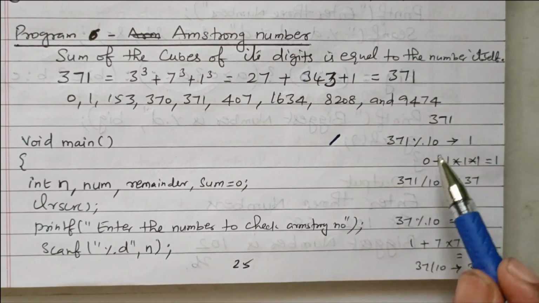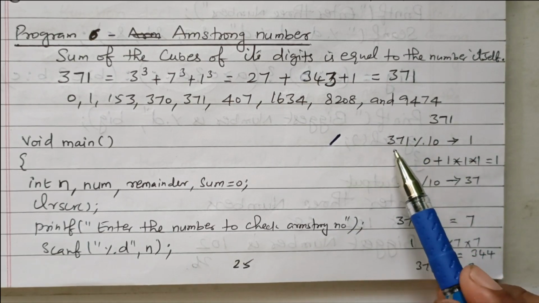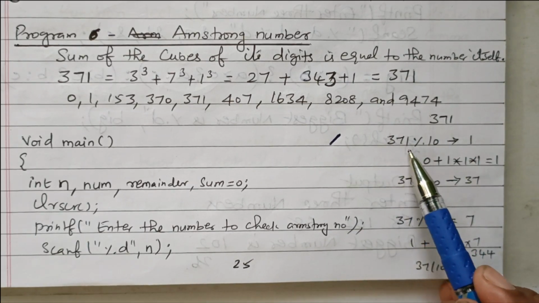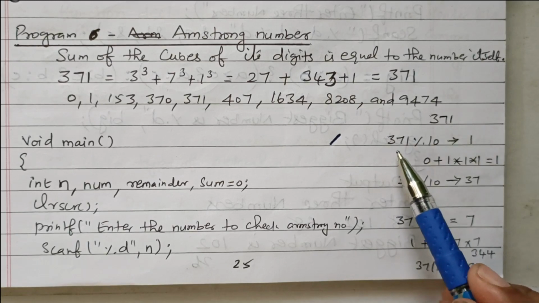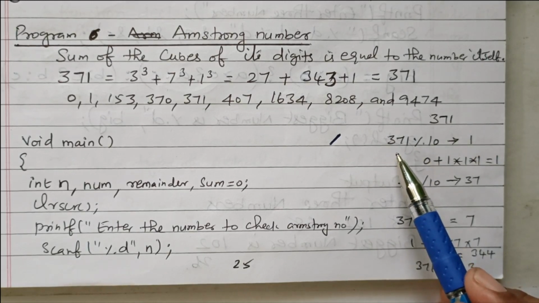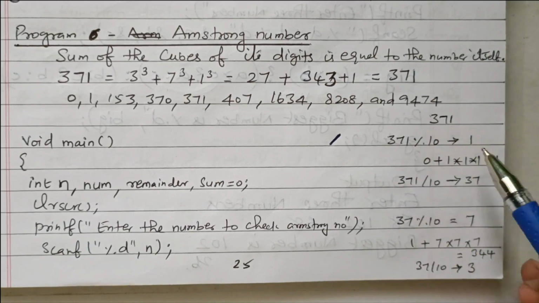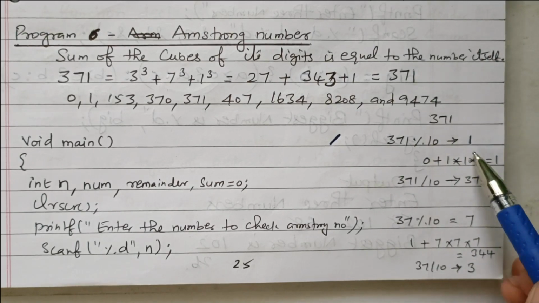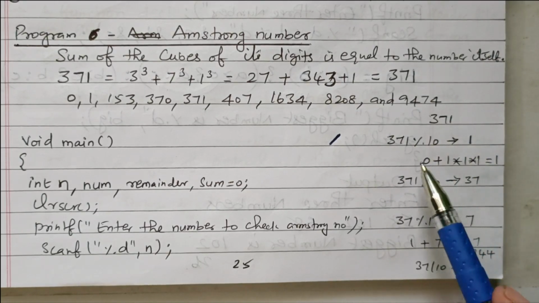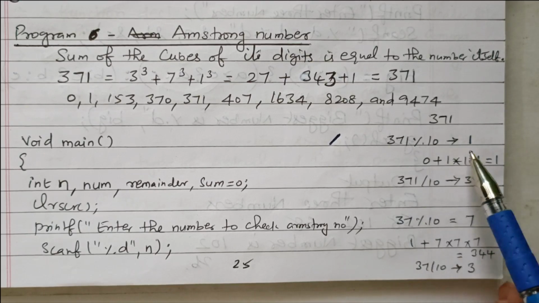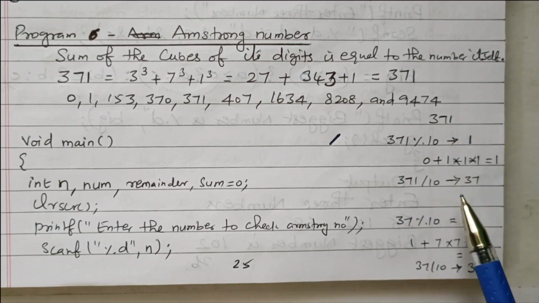Modulo division means it will give the remainder value, whereas division gives the quotient value. After dividing 371 by 10, it goes 37 times and the remainder is 1. So by using the modulo division operator, we got the last digit.